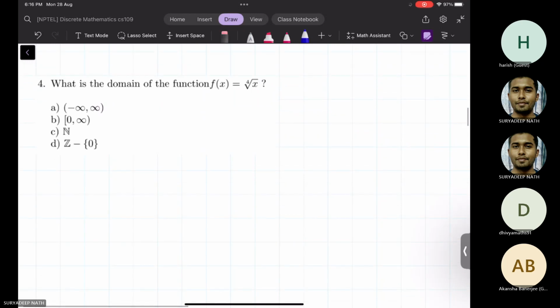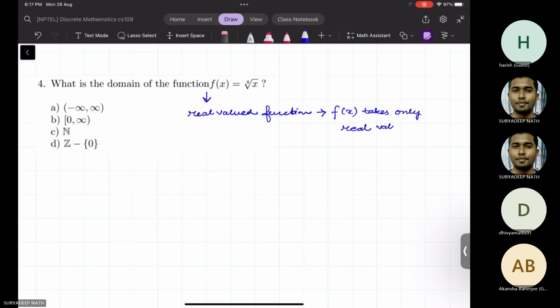So we have question 4. What is the domain of the function f(x) equal to the fourth root of x? When we mention this function, it is not mentioned, but it is a real valued function, such that f(x) takes only real values.